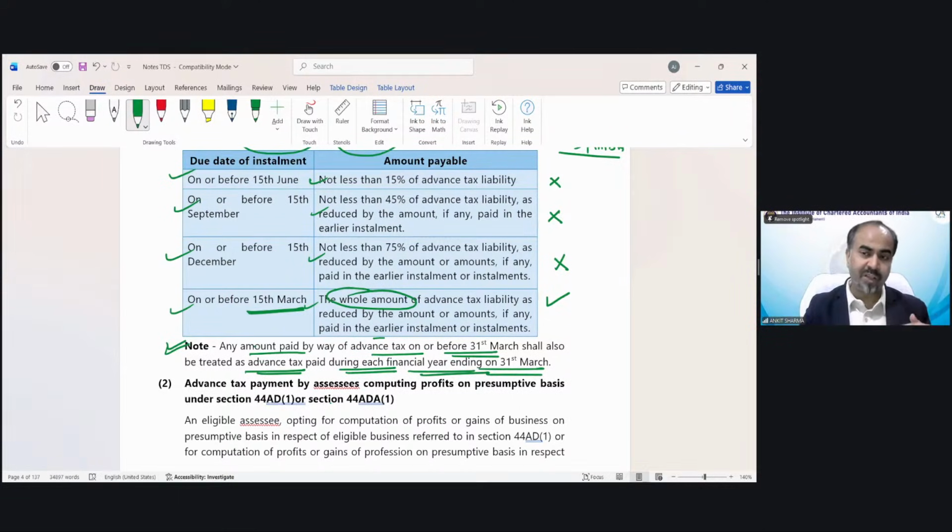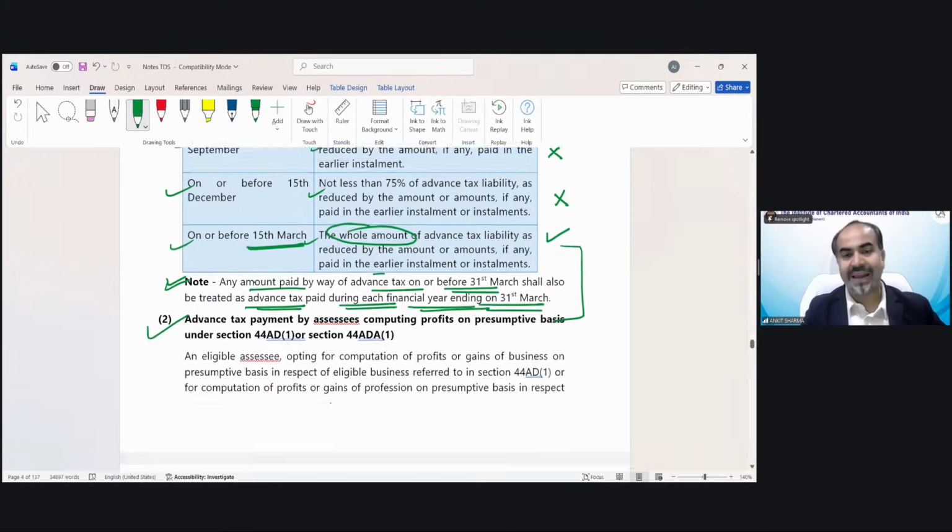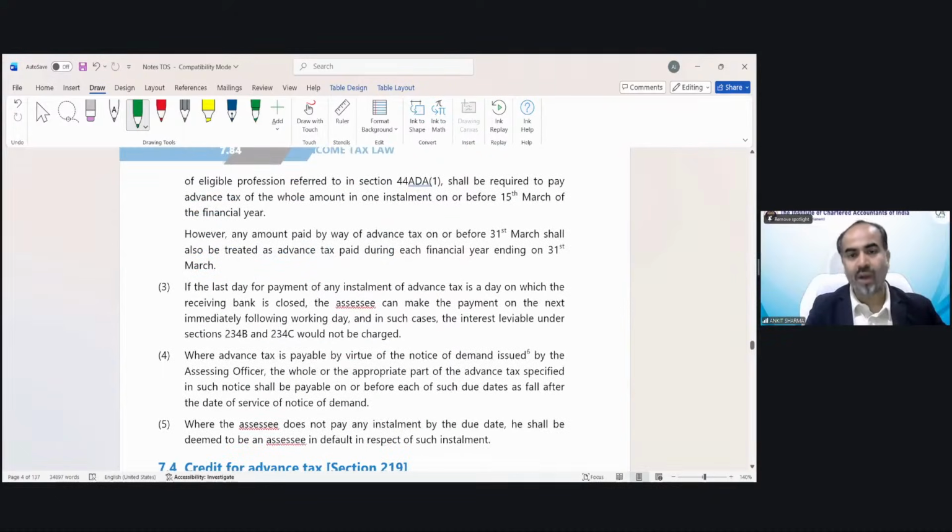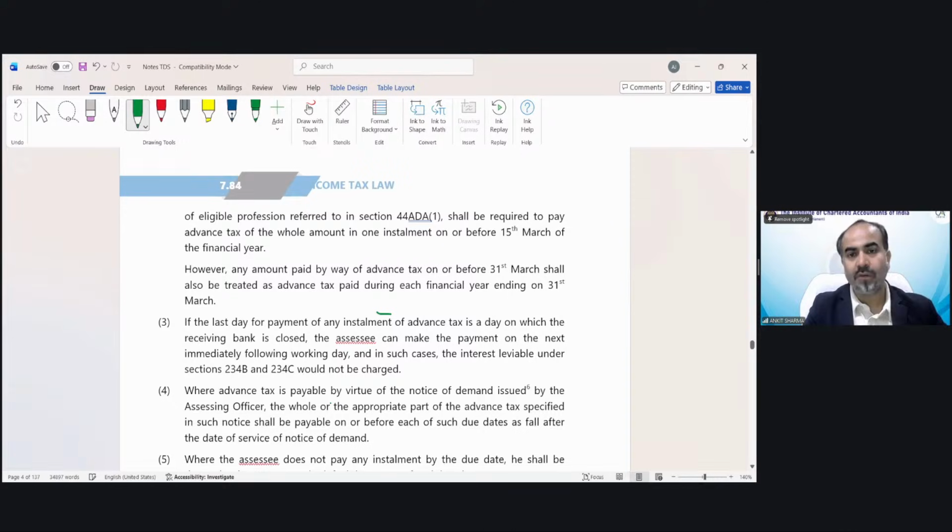So after 15th March till 31st March, any payment deposited by you will also be treated as advance tax. This concept has been explained for Section 44AD and ADA, that they only have one installment to pay, and that would be 15th of March. Again, anything paid by them up to 31st of March would be treated as payment of advance tax. If the last day is a bank holiday, then you can pay on the next day.